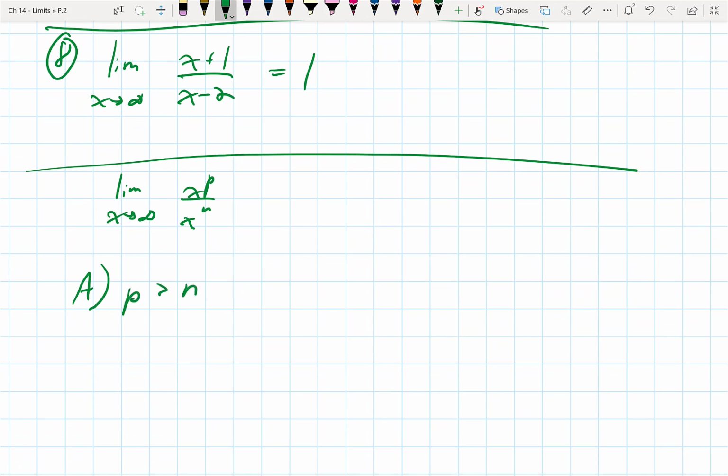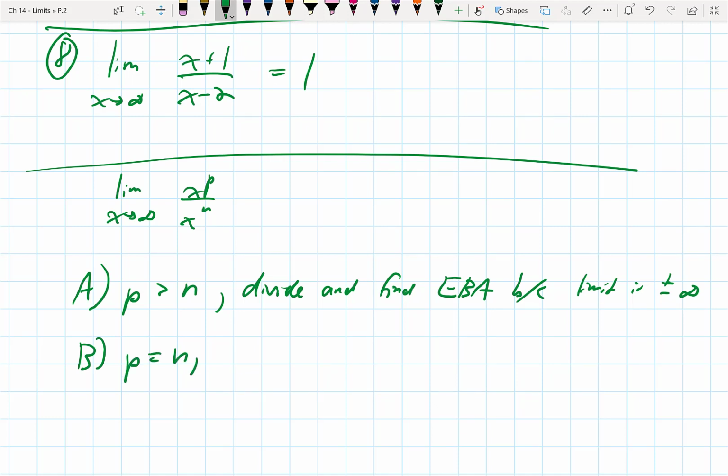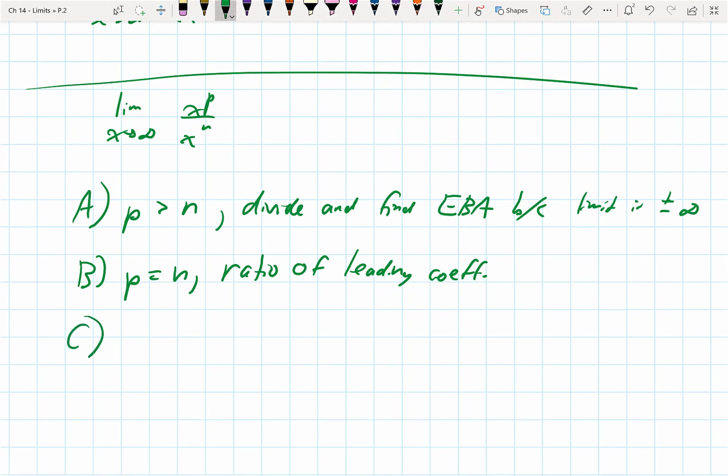When p is greater than n, we're going to divide and find an end behavior asymptote, because the limit is plus or minus infinity. When p equals n, we're going to look at the ratio of the leading coefficients. And when p is less than n, the limit is what?